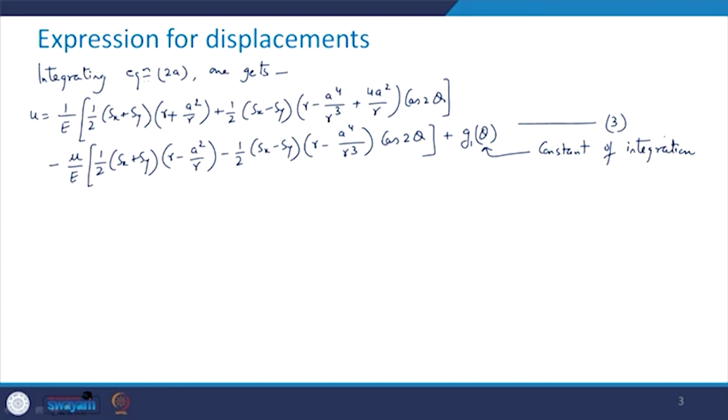Now, substitute equation number 3, the expression for u, in equation number 1b.